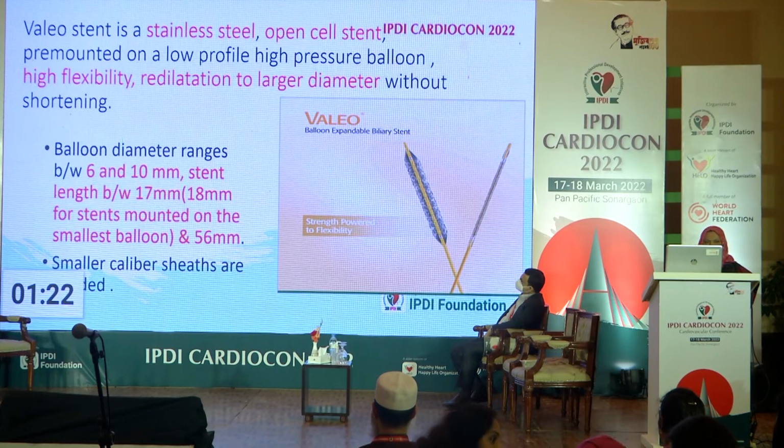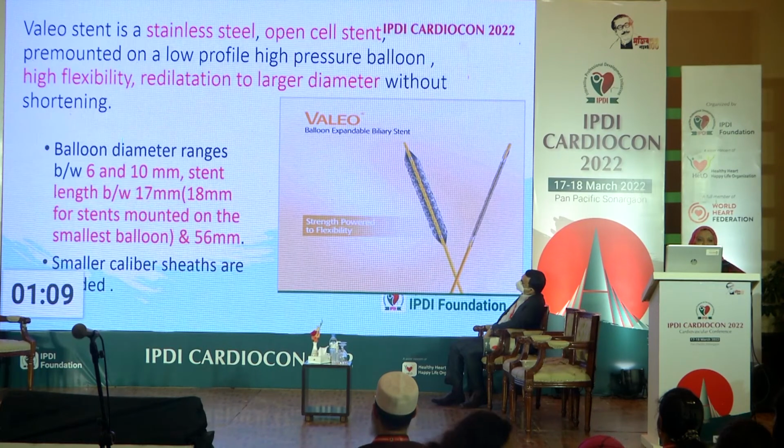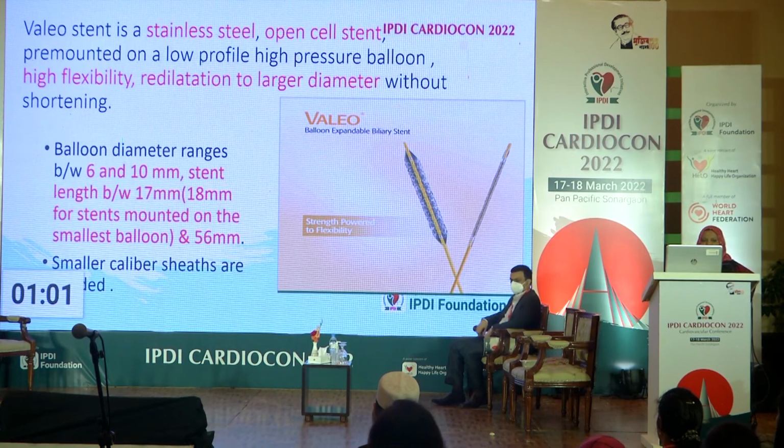It has different diameters and sizes, and can be used in a smaller caliber sheath, because as we know, aortic coarctation can be treated with stenting in older children having weight more than 25 kg and more than 10 years, and have to use a larger sheath. But this stent can be used in a smaller sheath and can be redilated to a larger size to adapt to the growth of the child.